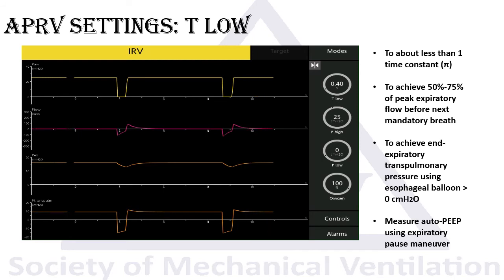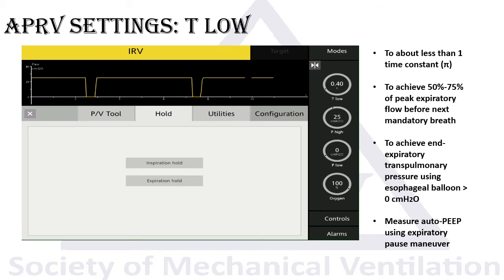Again, it might be hard because of the patient's spontaneous effort. You might not be able to get a pressure volume curve. So let's try an expiratory pause maneuver that we usually use to get auto PEEP.